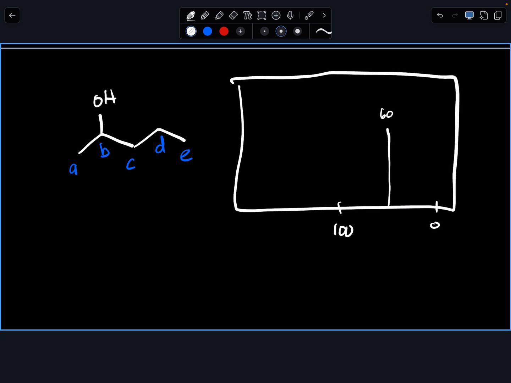And then A, C, D, E are going to be closer probably to 20. So you're going to get 5 peaks, 5 signals for 5 carbons because none of them are equivalent. And carbon B is going to be down to the left of the other ones because of the presence of that oxygen atom attached to it.